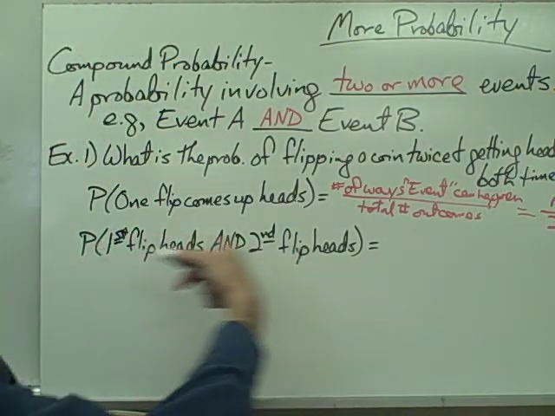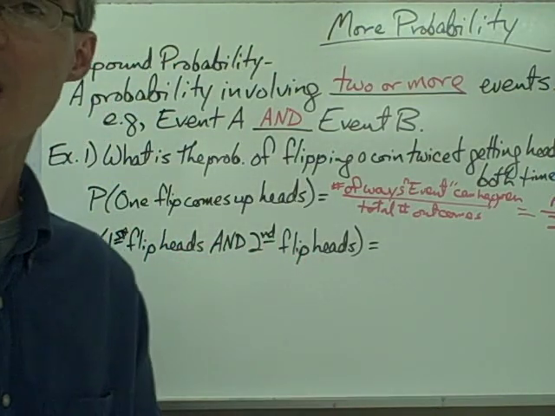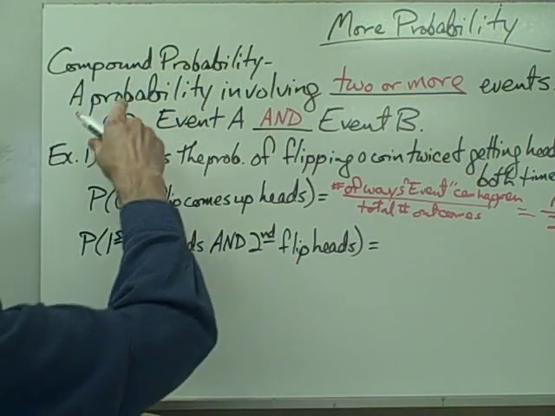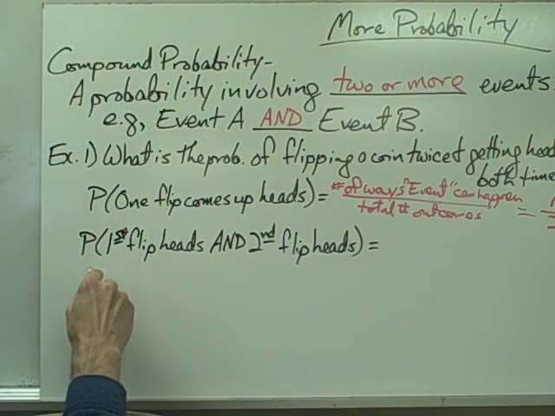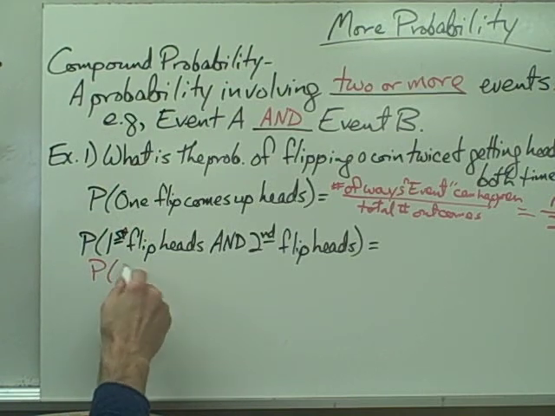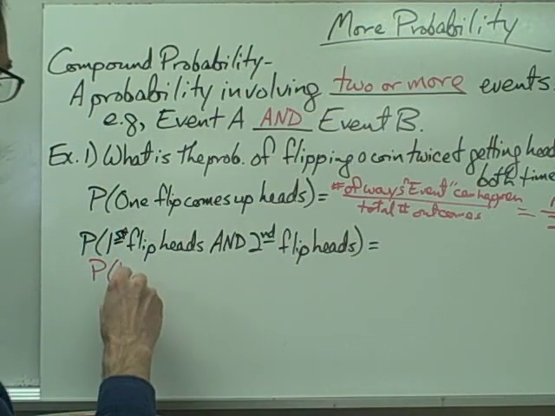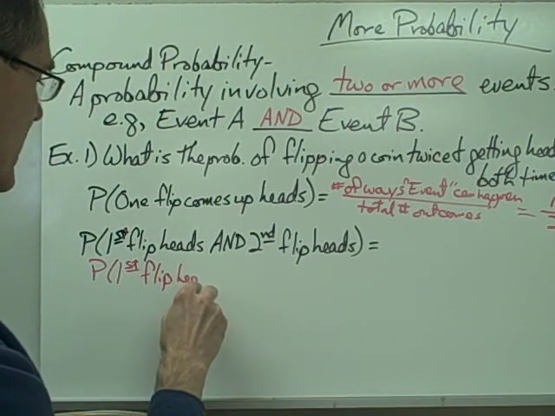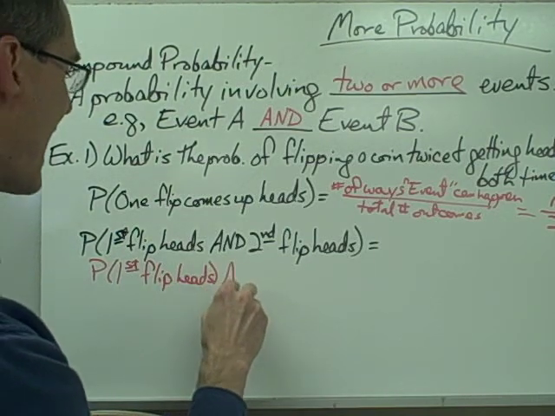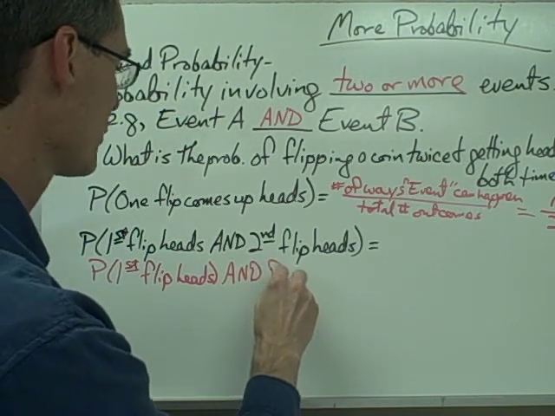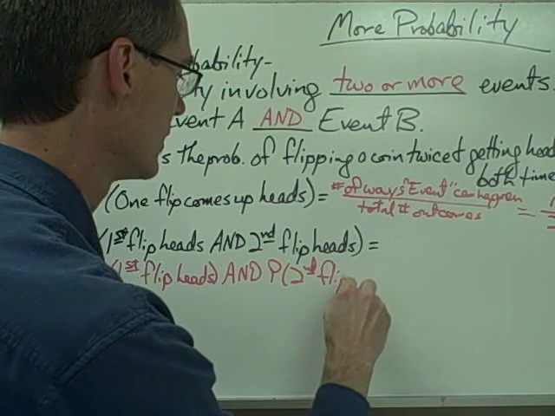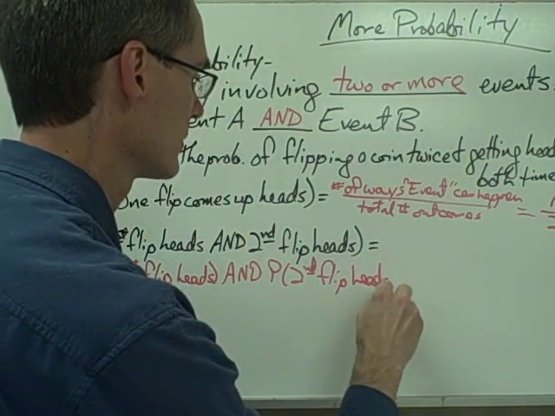Well, if I want to know the probability of flipping a coin twice and having it come up heads both times, this is a compound probability. And notice that I could write this probability statement as the probability that the first flip is heads and the probability that the second flip is heads.